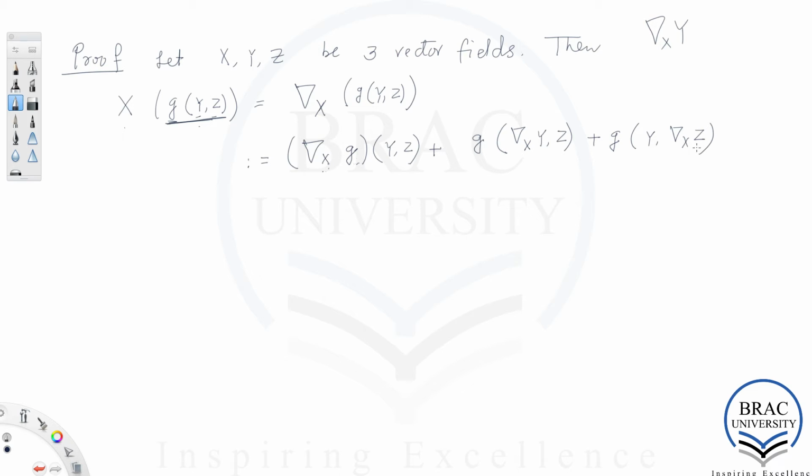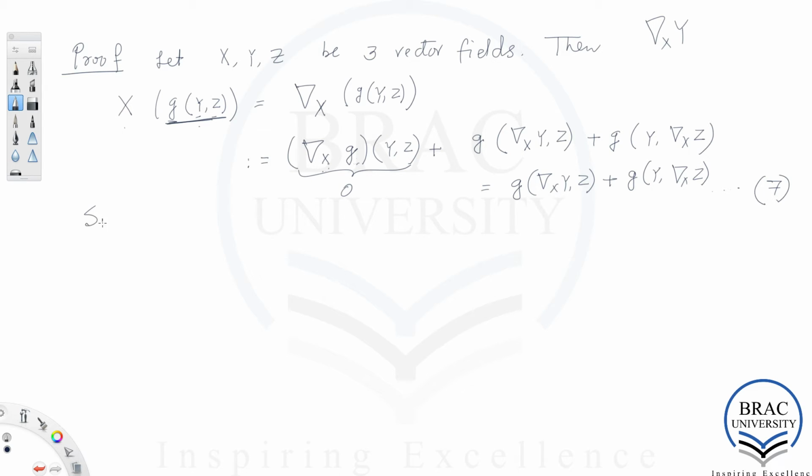The first term goes to 0 from the metric compatibility condition, and this gives us g(nabla_x y, z) plus g(y, nabla_x z). This is our equation number 7.